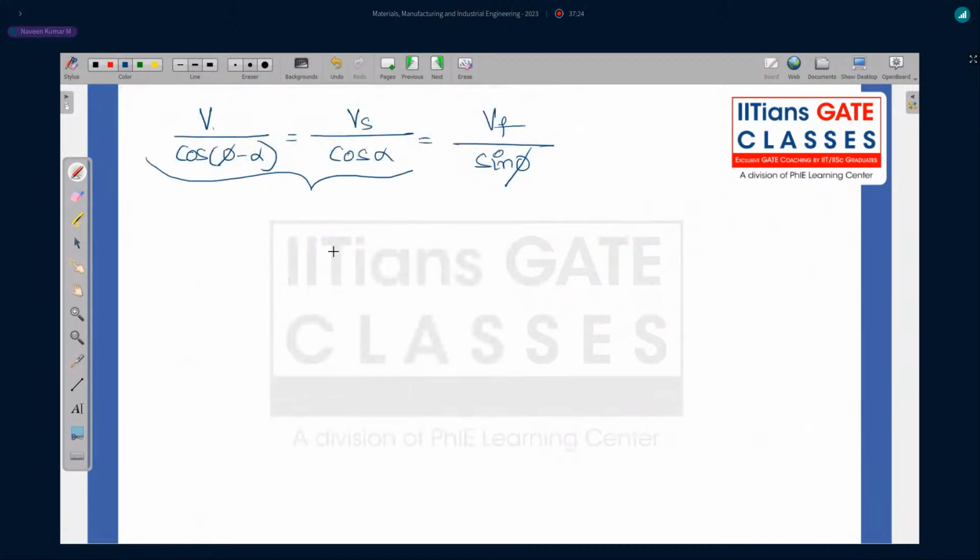V is given, so Vs is equal to V cos alpha divided by cos(phi minus alpha). Alpha is there, phi is there, V is there, all are there, so Vs can be found out.